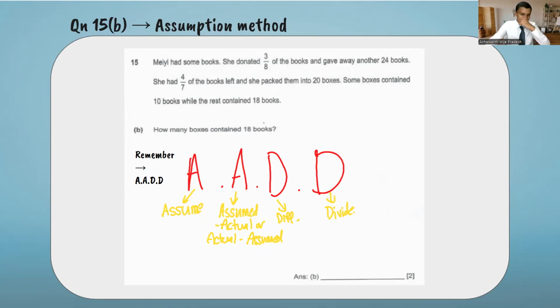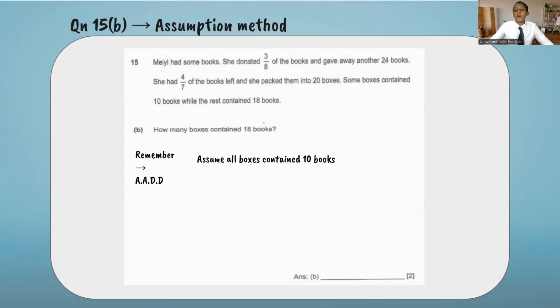So let's do that in action. So assume all boxes contain 10 books. Assumption. 10 times 20 because there are 20 boxes and we are assuming that each has 10 books. So total will be 200 books.